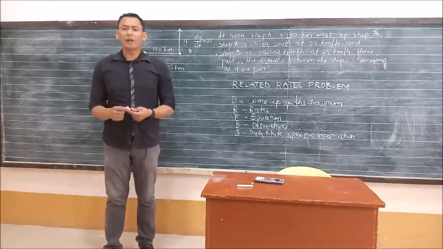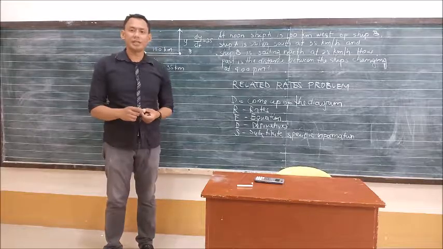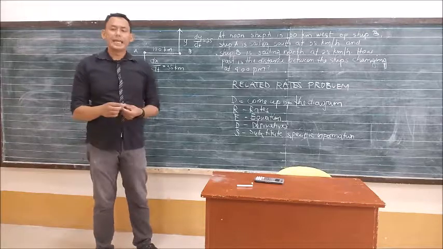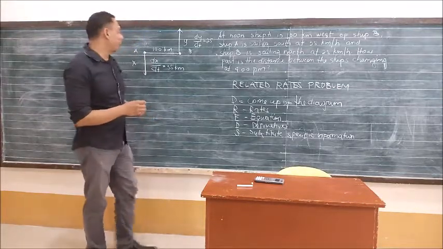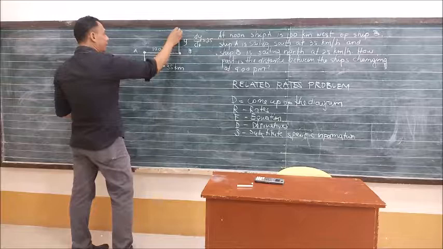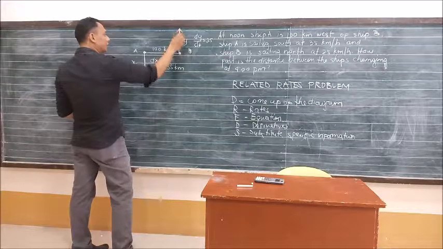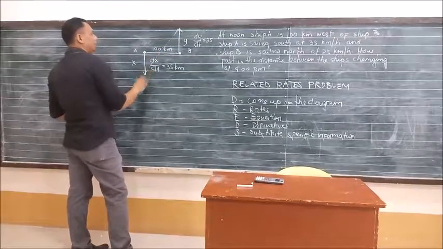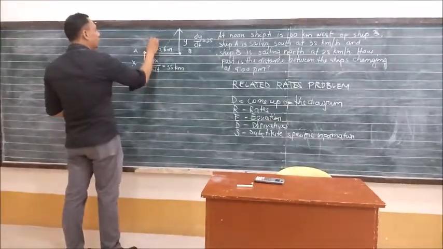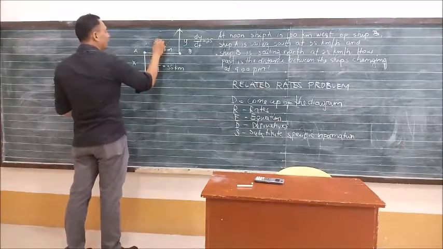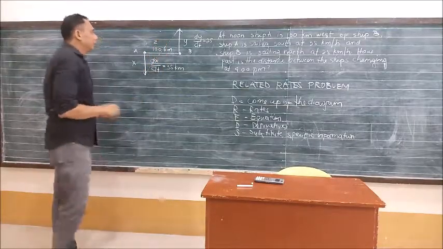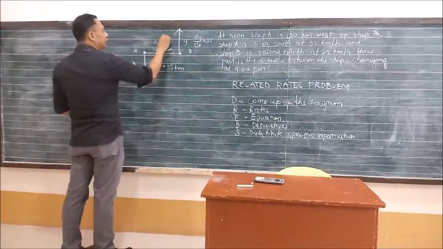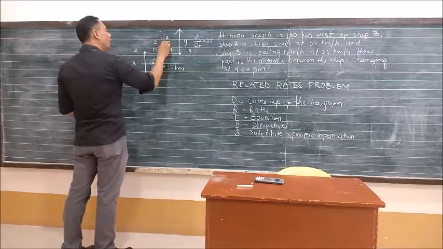And we want to know how fast the distance between these two ships is changing. That is the diagonal between them, so maybe I call this variable z, the diagonal starting from here. When it changes with respect to time, I can write this as dz/dt.